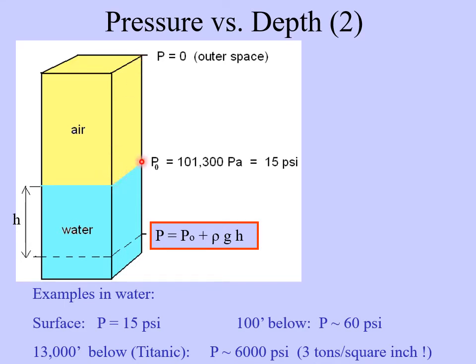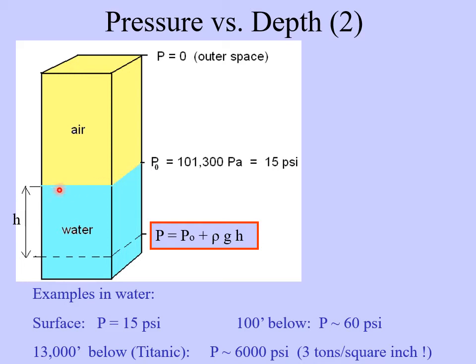This is the transition where we go from air to water, and at that point, the pressure is equal to 1 atmosphere, which is 101,300 pascals, or about 15 psi. So this is P naught.